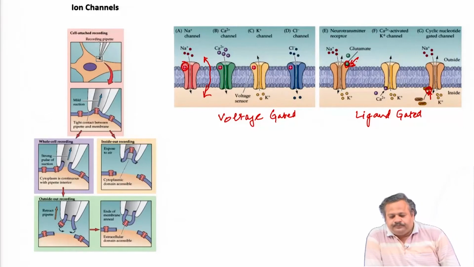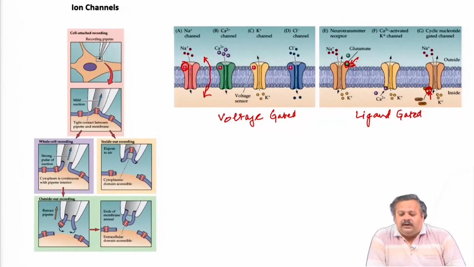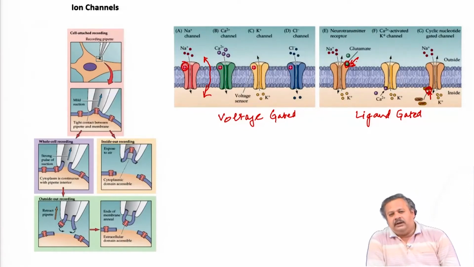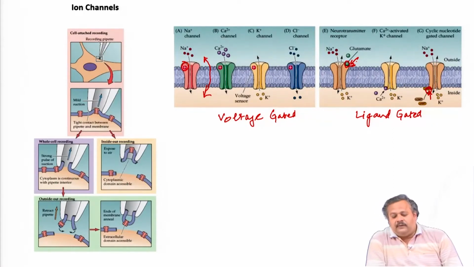Similarly, we have some calcium activated potassium channels, where the concentration of calcium inside the neuron determines the opening probability of the potassium channel and can provide a range of conductances for these channels.